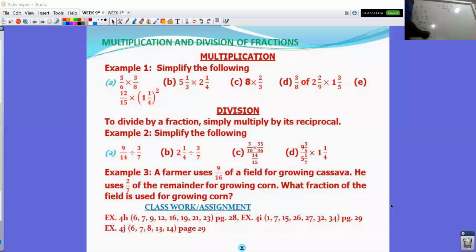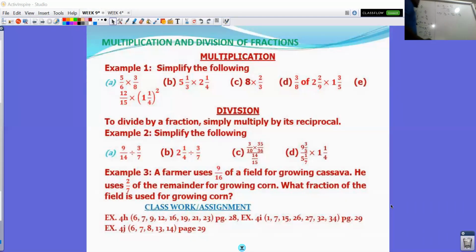So what we are going to do here, you see this over that you see, we are going to write it in the proper way using the operation of division. This over means division. We are going to use the arithmetic operation of division. So it is going to be 3 over 10 times 35 over 36, then divided by 14 over 15.